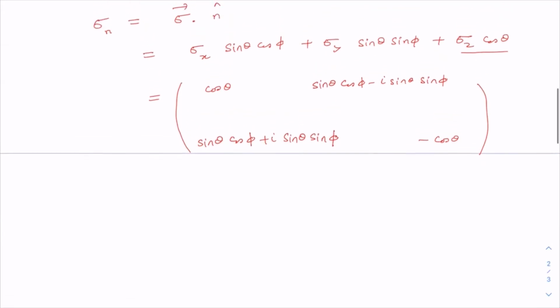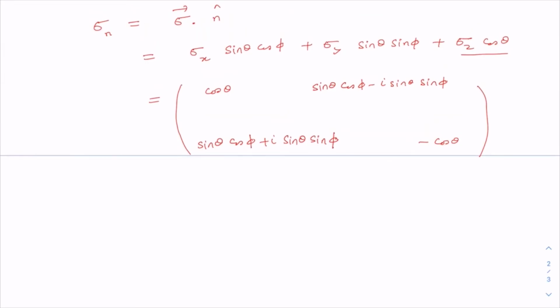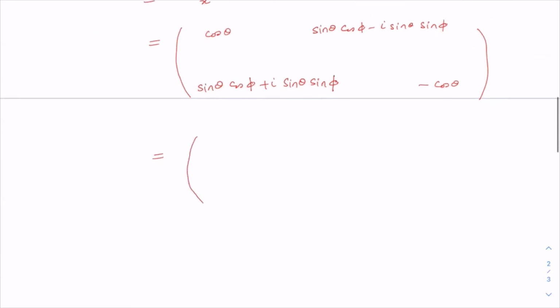Let me write this Pauli matrix in a more compact form. I can write it as cos theta, and here sine theta e to the power minus i phi, since e to the minus i phi is cos phi minus i sine phi, and here I will have sine theta e to the power plus i phi, and here I have minus cos theta.